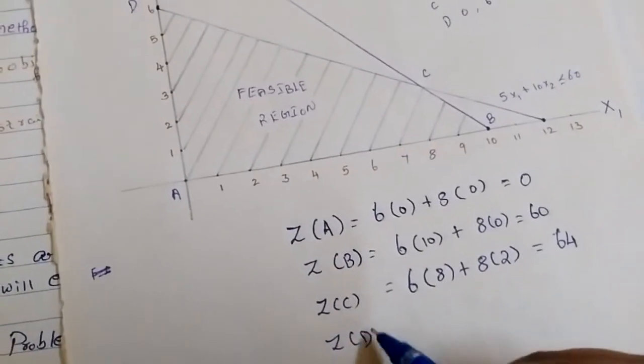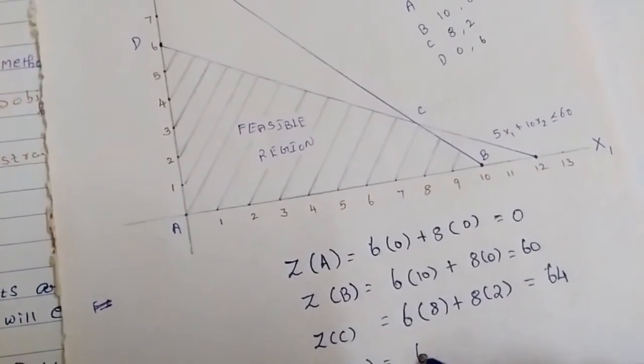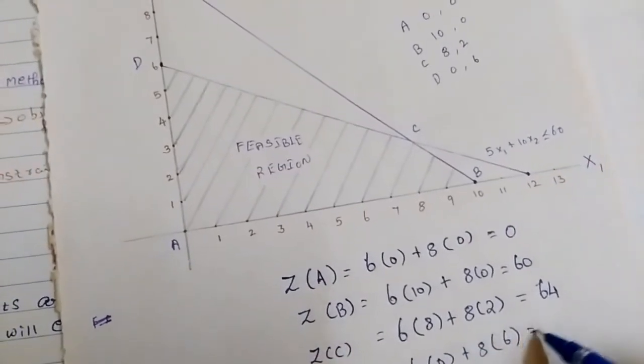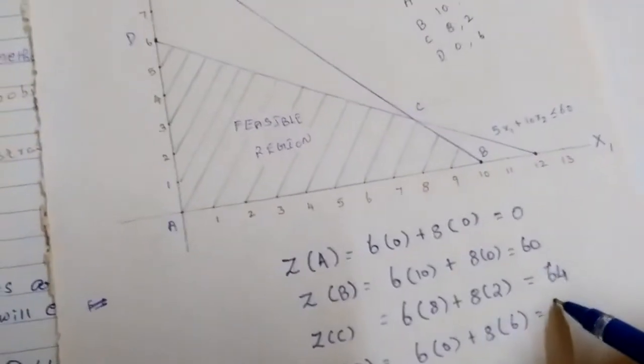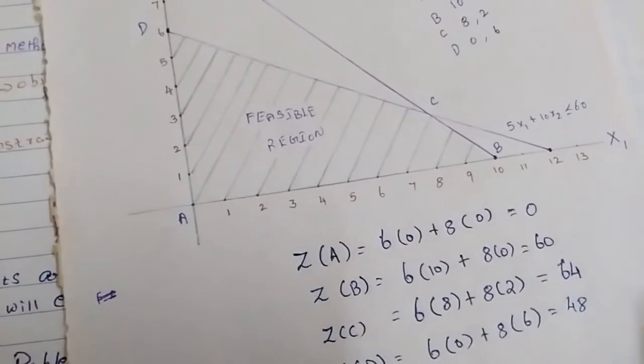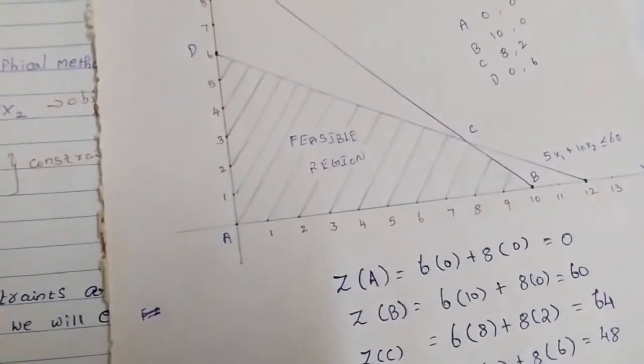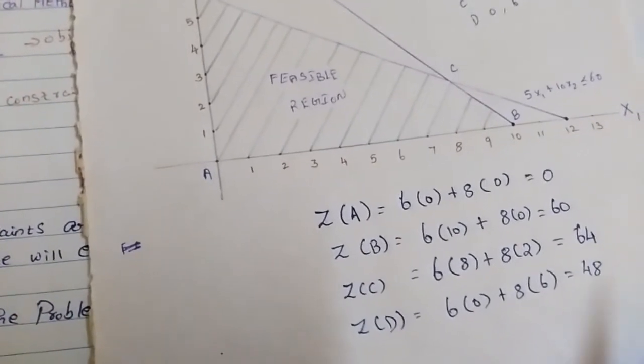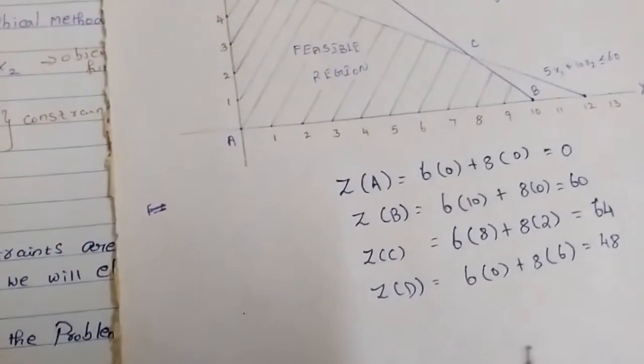Then Z of D: 6 into x1 which is 0, plus 8 into 6, x2 is 6, so here 48. So this is the fourth step, calculating the objective function for each corner point of the closed polygon. We completed our fourth step.